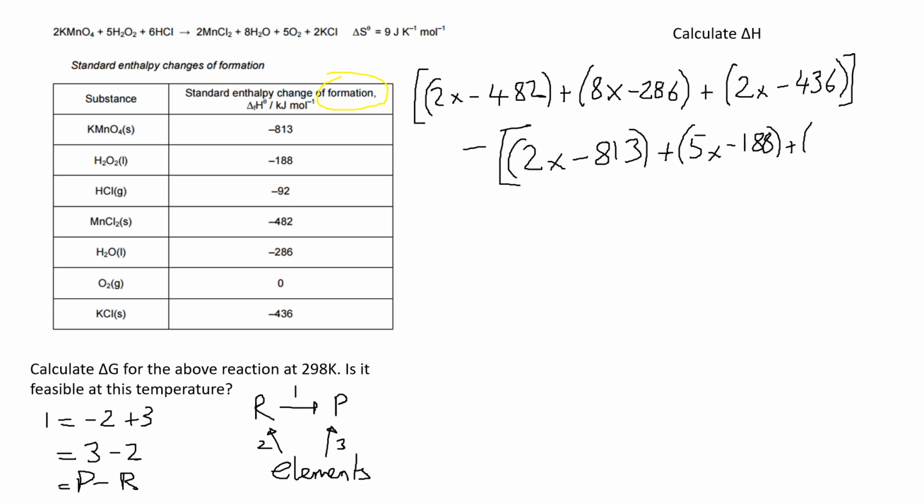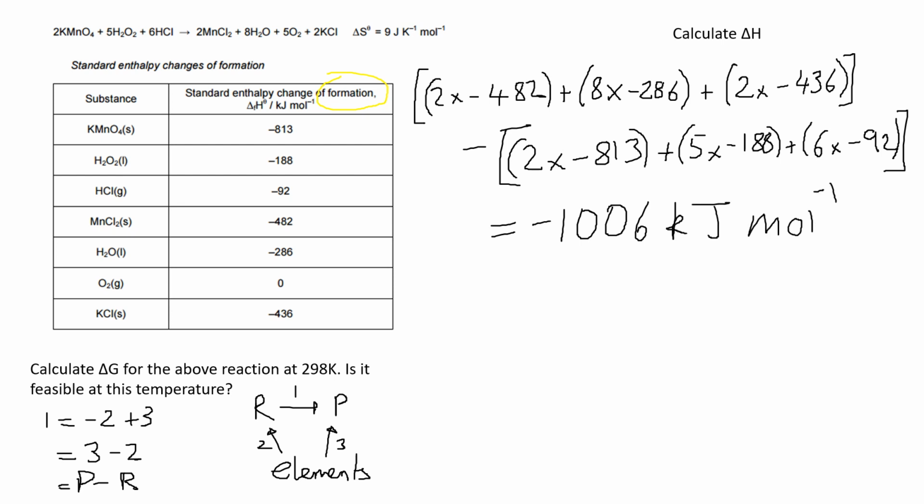Plus 6 lots of the HCl, which is minus 92. And you stick all that in your calculator. And when you do, that comes out as minus 1006 kilojoules per mole.